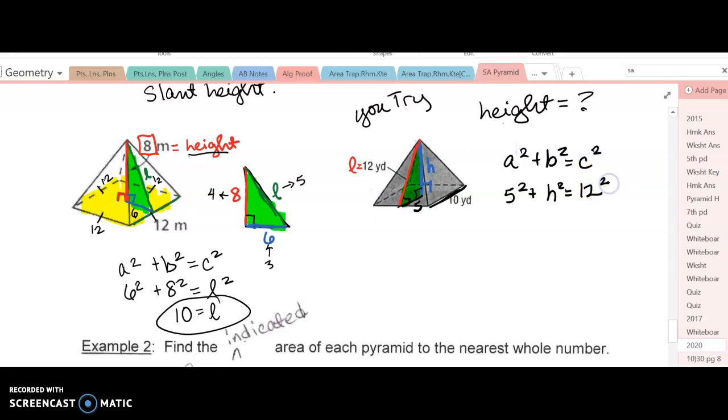12 squared. This is not the 5, 12, 13 triple. I know that because remember your hypotenuse is always the longest side. It's the biggest side, and so it would have to be 13 in the C spot. So this is 25 plus h squared equals 144. So we're going to subtract 25 from both sides.